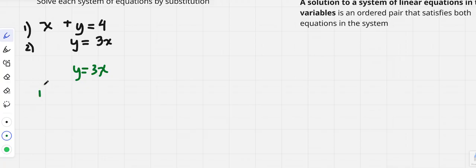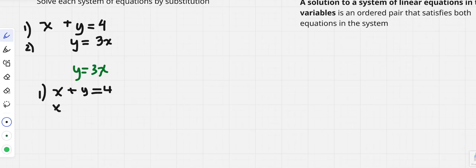So equation 1, x plus y equals 4. And instead of the variable y, we're going to rewrite that as 3x.